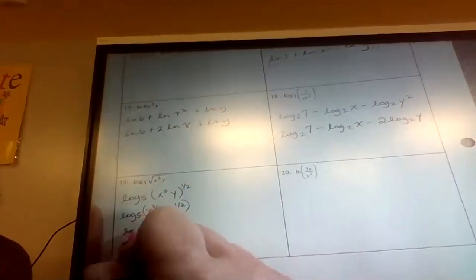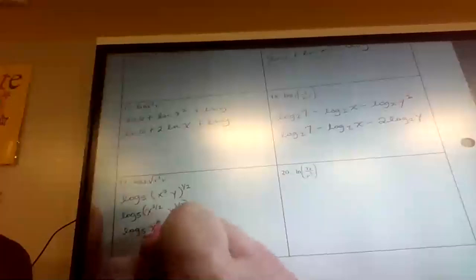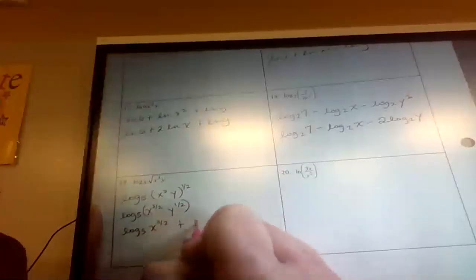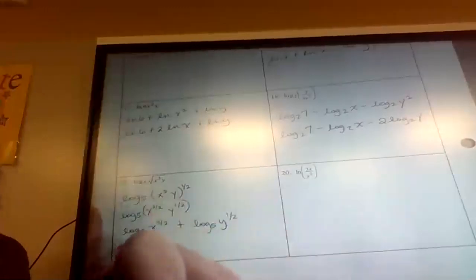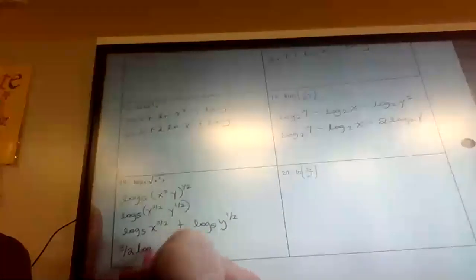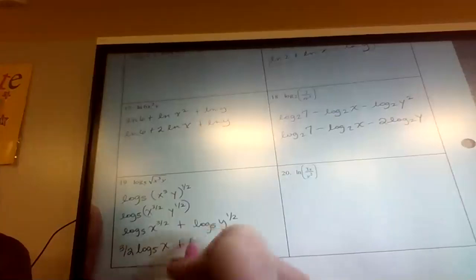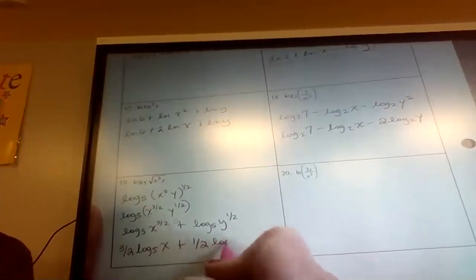Or log base 5 x to the 3/2 plus log base 5 y to the 1/2. Or 3/2 log base 5 of x plus 1/2 log base 5 of y.